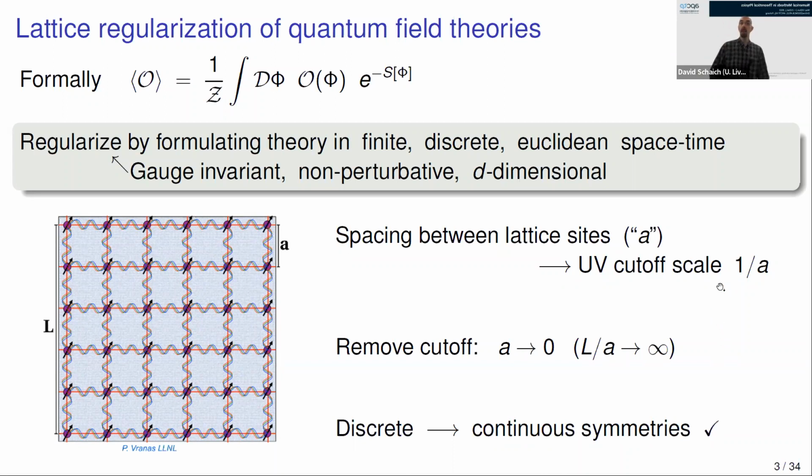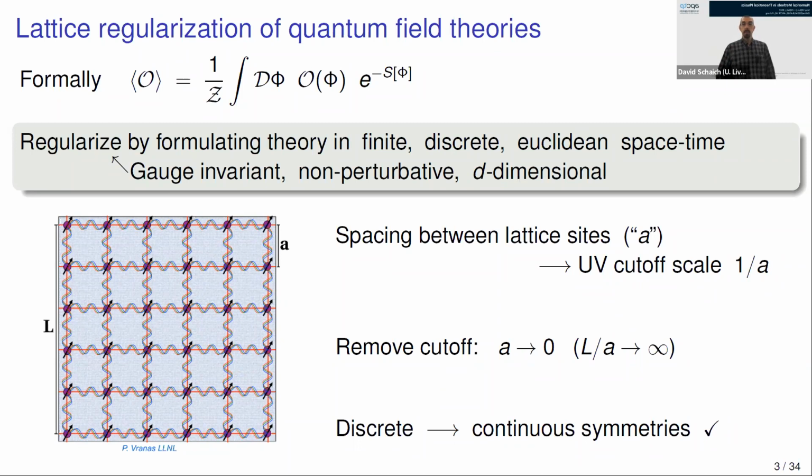So then removing the cutoff, getting from this regularized formulation back to the continuum quantum field theory of interest, requires extrapolating that lattice spacing to 0, so introducing more and more lattice sites packed closer and closer together so as to keep the overall size of the system L fixed, where we then recover the continuum quantum field theory in a similar sort of way as removing a hard momentum cutoff that you might see in an introductory quantum field theory course.